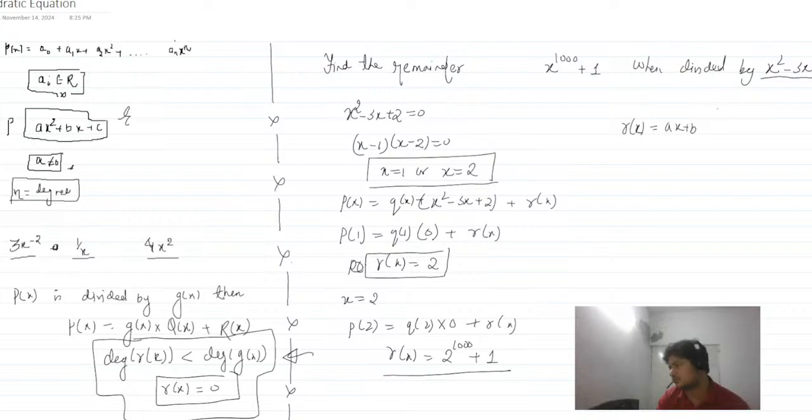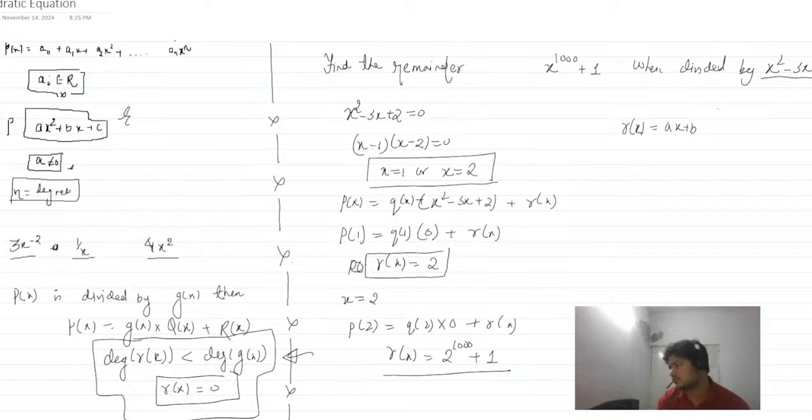Yes. Now, putting x equal to 1, you will get A plus B equal to 2. Putting x equal to 2, you will get 2A plus B equal to 2 to the power 1000 plus 1. So this is your first equation, and this is your second equation.